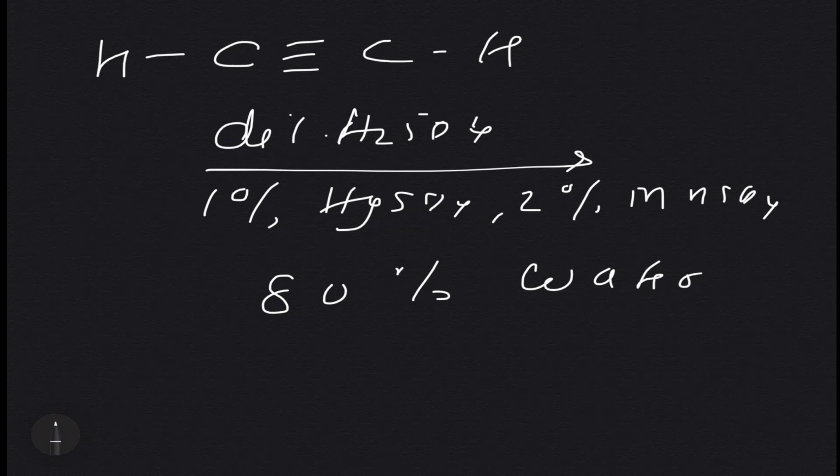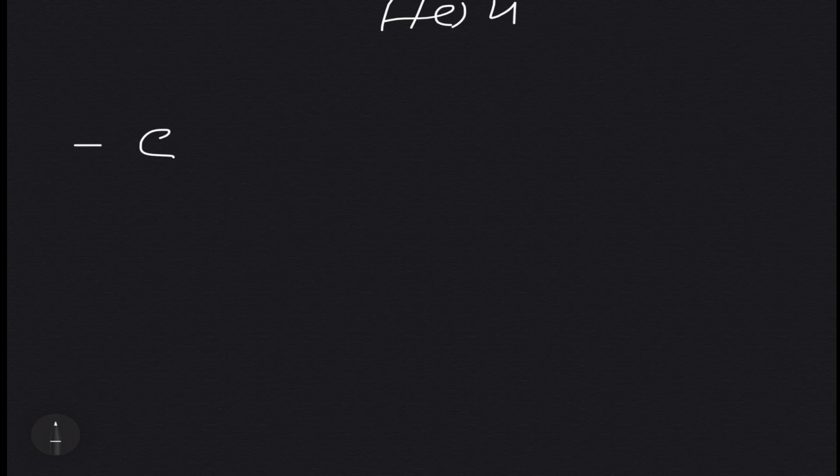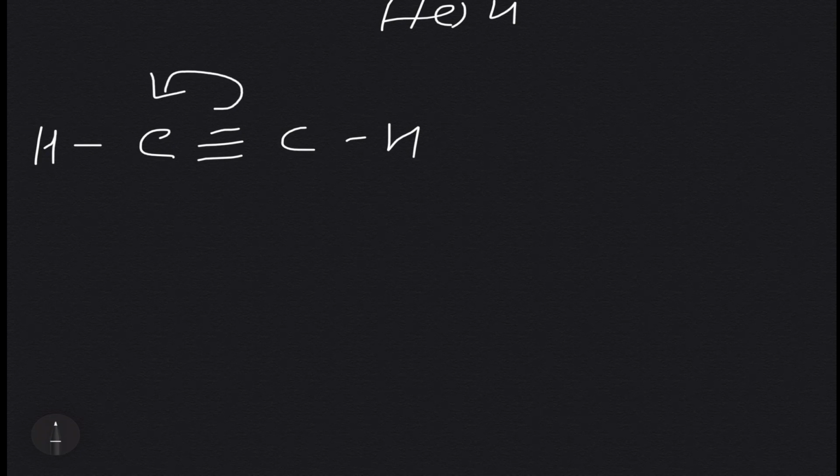The whole thing is with water, so 80% water is involved in the reaction. This is CH triple bond CH. If I rotate the bond this way, as you know, it is a symmetrical alkyne, so the arrow can be rotated in any direction because there is no difference of electronegativity.